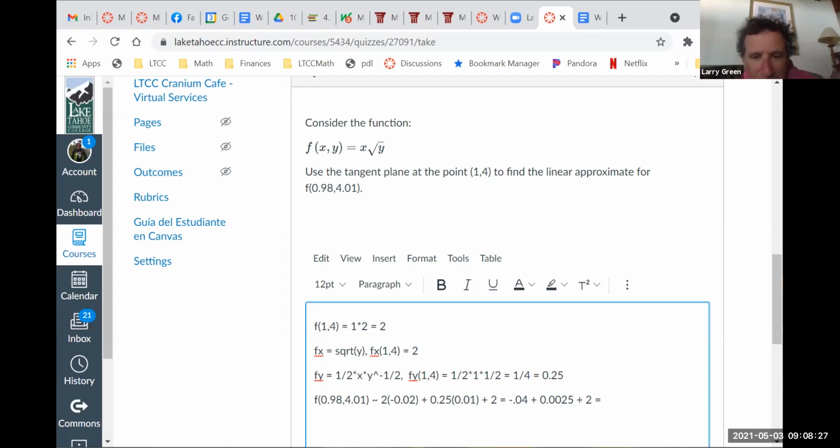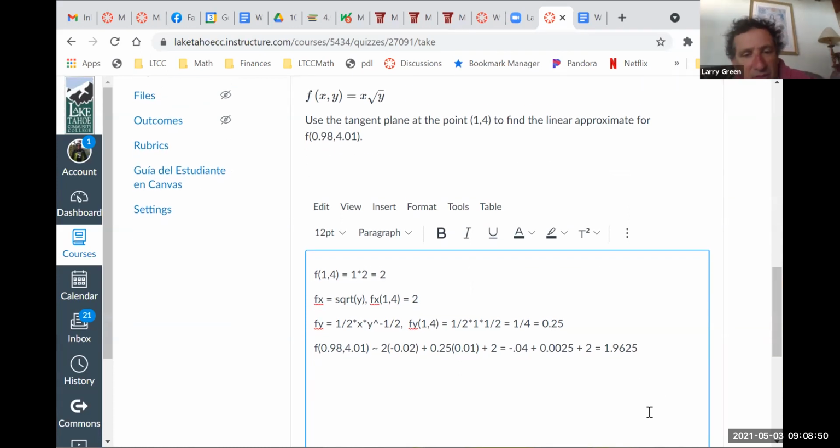Plus 2 is going to be 1.9625. Any questions on this idea? Any questions?